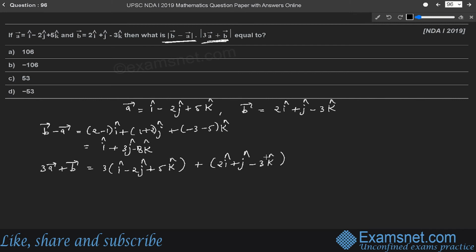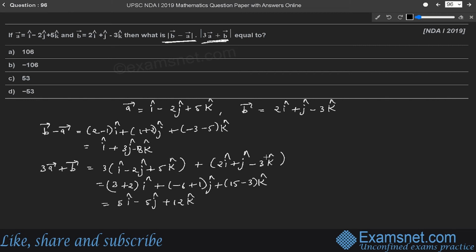On further solving, it will be equal to (3 plus 2) i cap plus (minus 6 plus 1) j cap plus (15 minus 3) k cap, which will be equal to 5i cap minus 5j cap plus 12k cap.